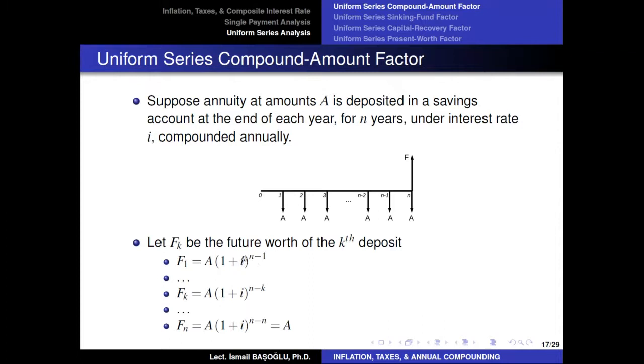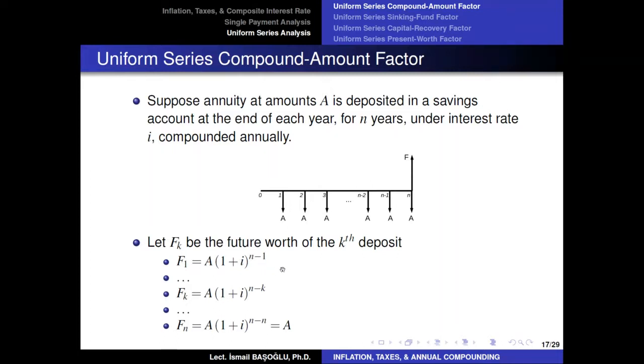There are n-1 years, and using the single payment compound amount factor formulation, we will say that first installment A is going to be compounded to a future value of F1 by multiplying with (1+i)^(n-1), where i is the annual compounding interest rate, and n-1 is the number of years that money is going to be kept in the account. Similarly, the future value of the second installment would be F2, that is A times (1+i)^(n-2).